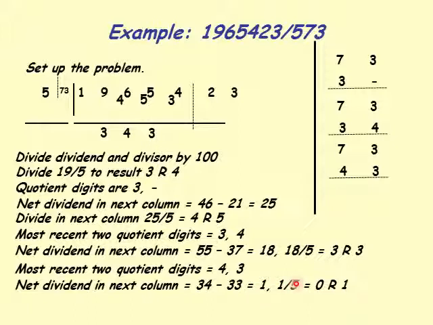When I divide 1 by 5, the digit we are trying to divide by, I get 0, remainder 1. So this is the way we say 0, remainder 1. This 1 remainder gets used in the next position here.